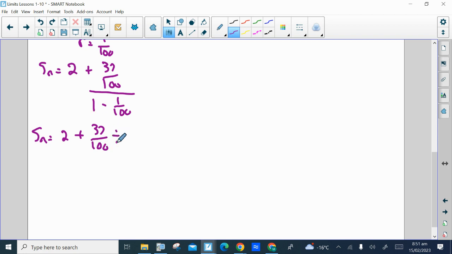And when we simplify the denominator, this 1 would be written as 100 over 100 minus 1 over 100, which will give us 99 over 100. Multiply by the reciprocal, and the 100s cancel, and we will get just 37 over 99.